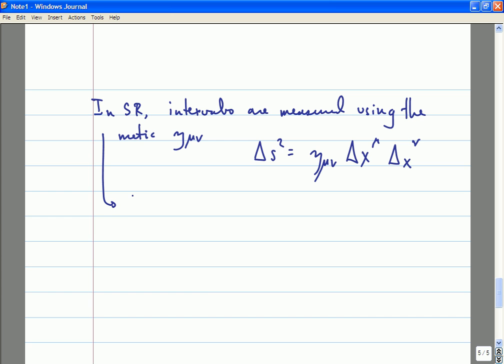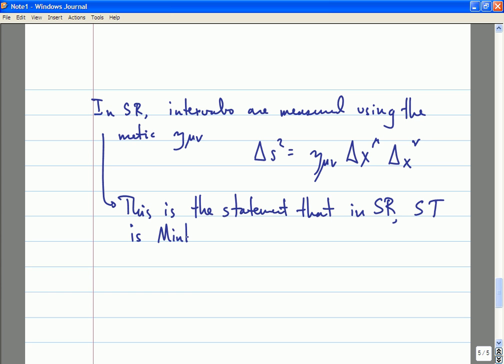So this statement is sometimes referred to as the statement that in special relativity, space-time is given by Minkowski space. Minkowski space is just a name for space-time in special relativity.